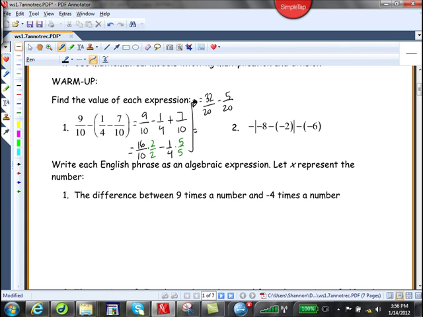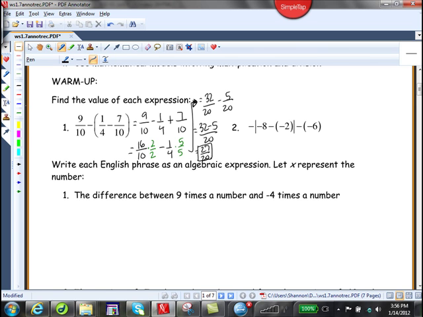And then this will be 32 minus 5 all over 20, which gives us an end result of 27/20. And that one is reduced. I apologize for not leaving very much room here.